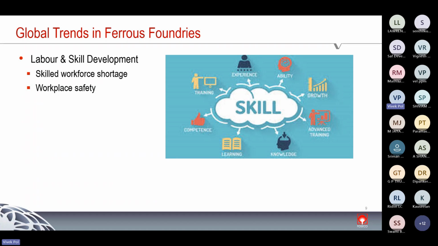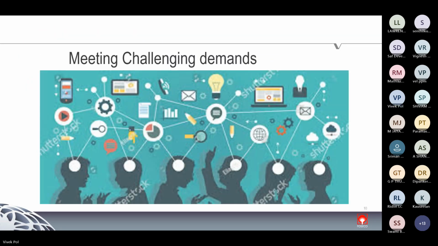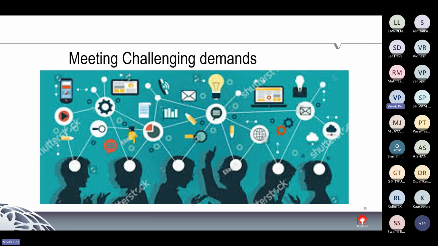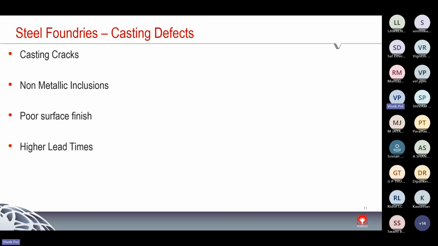We should not depend more on labor or skilled manpower, but still for some operations we need skilled manpower, and globally we see a shortage of skilled manpower. So to meet all these challenging demands, how Foseco can help is what we will discuss in the upcoming slides.